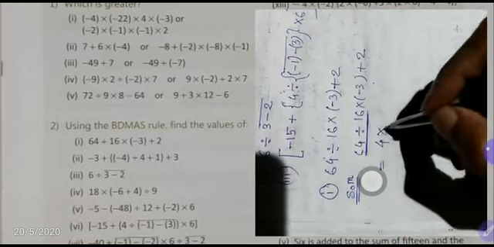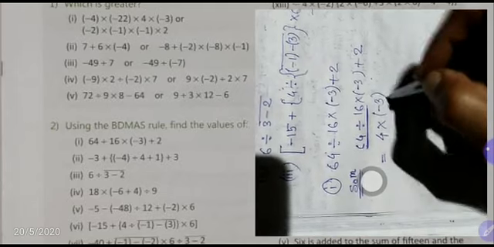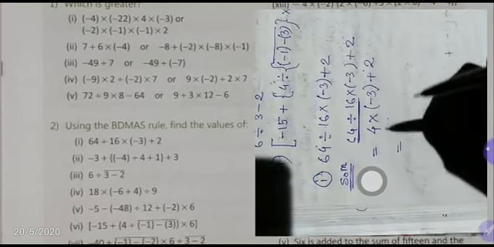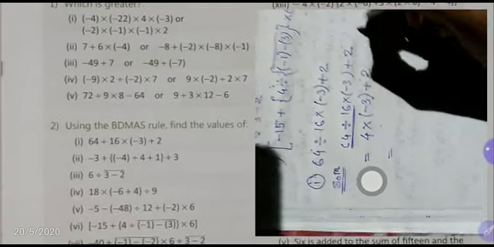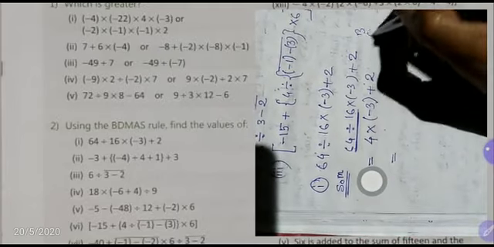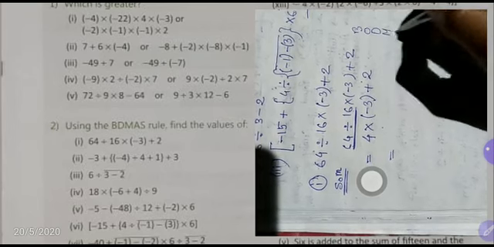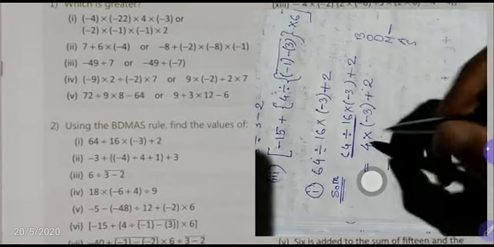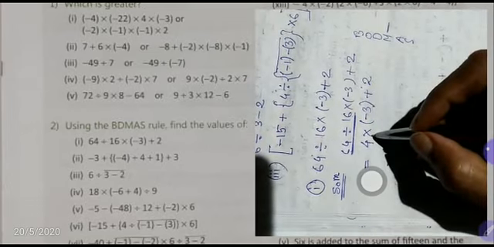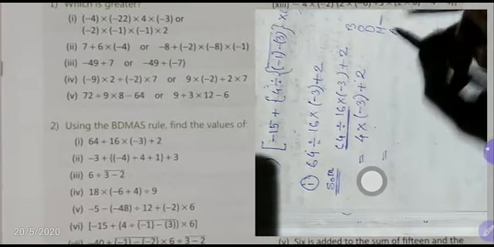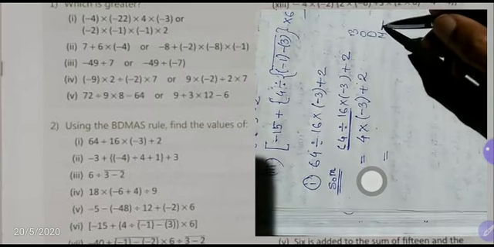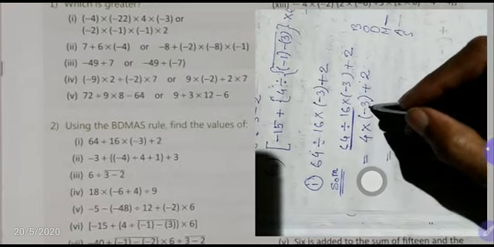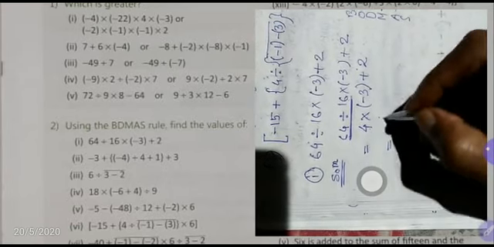After that, into minus 3 plus 2. After division, what is there? According to BODMAS, multiplication is there after division. Multiplication and addition are there; first we have to do multiplication. So 4 into minus 3, that means minus 12.